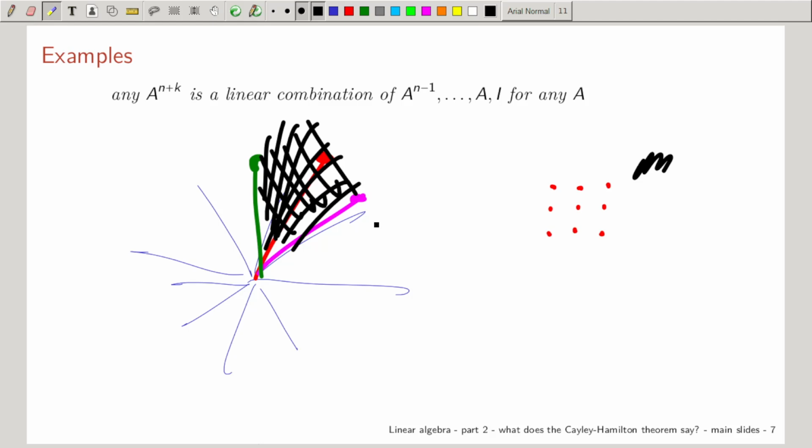Cayley Hamilton tells us that the powers of matrices actually live in subspaces. They are spanned by the powers. It might be all of R to the n squared, but it might be a subspace, and we are going to see that very often it's a subspace. How much are we together, people? 1, 2, 3. Cayley Hamilton says powers of matrices live in the span of the powers of matrices.